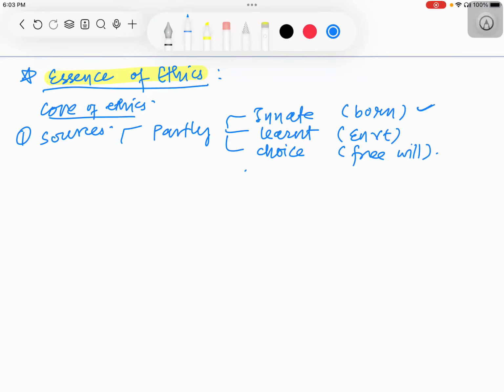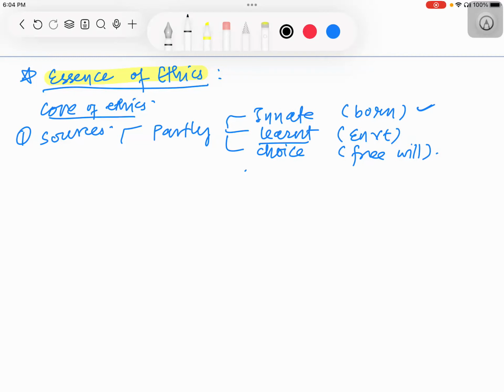For example, many people who are maybe not very learned still have ethics, they have morality. If you say morality comes only through education, that would mean the vast number of Indians, as well as people outside who for some reason did not have the privilege of education, are unethical. That is of course not acceptable.